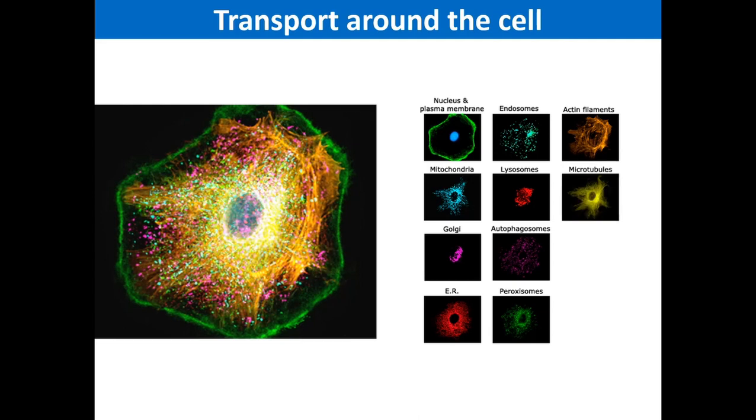You have microtubules, which, analogously, are part of the cytoskeleton of the cell, but they're made out of alpha and beta tubulin.